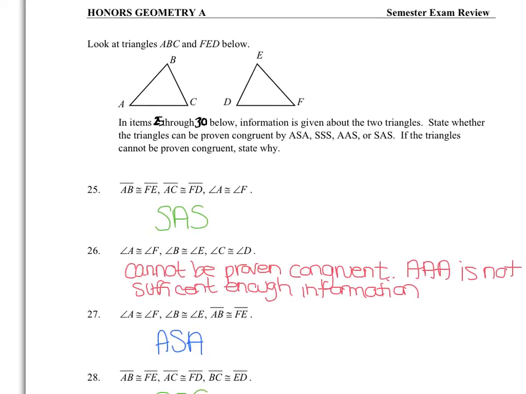29 says angle B is congruent to angle E, AC is congruent to FD, and BC is congruent to ED. What we can see is that we have side-side-angle, or angle-side-side, which means that we do not have sufficient criteria to prove triangle congruency.